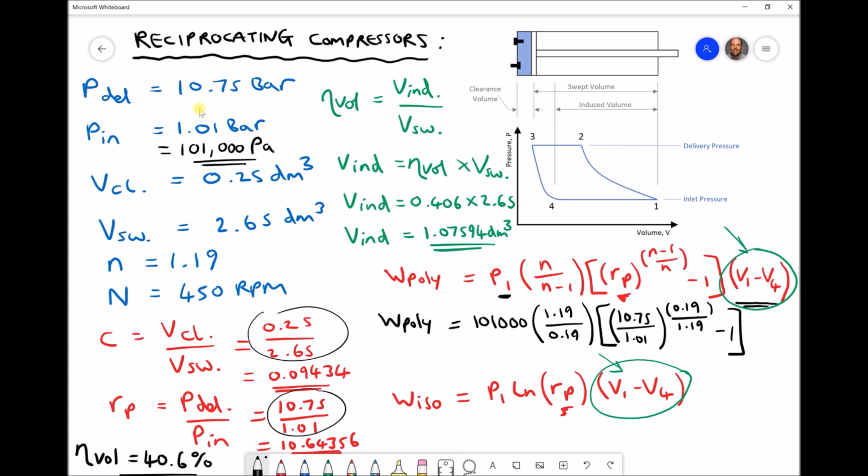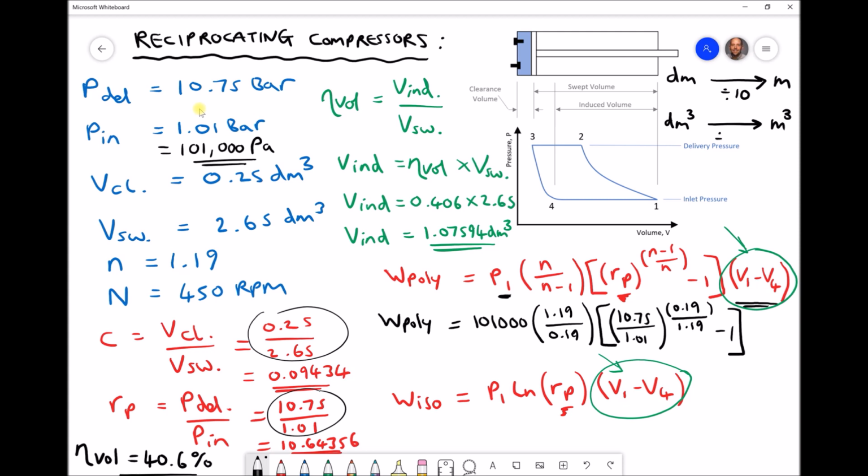Now, we said previously the induced volume was 1.07594 decimeters cubed, but there are 10 decimeters in every meter. Therefore, to go from decimeters to meters, we would need to divide by 10. But we're not going from decimeters to meters, we're going from decimeters cubed to meters cubed.